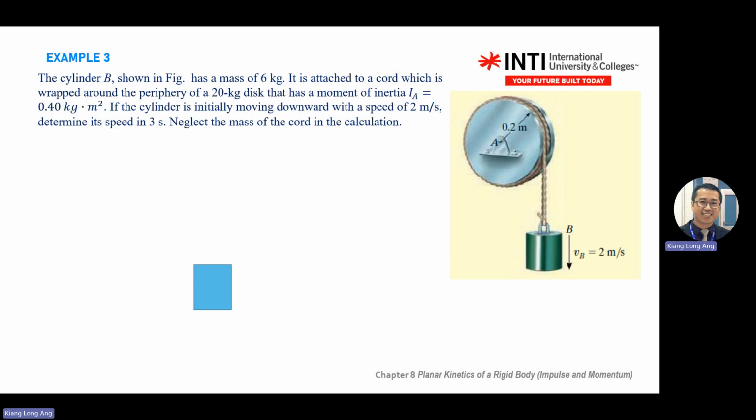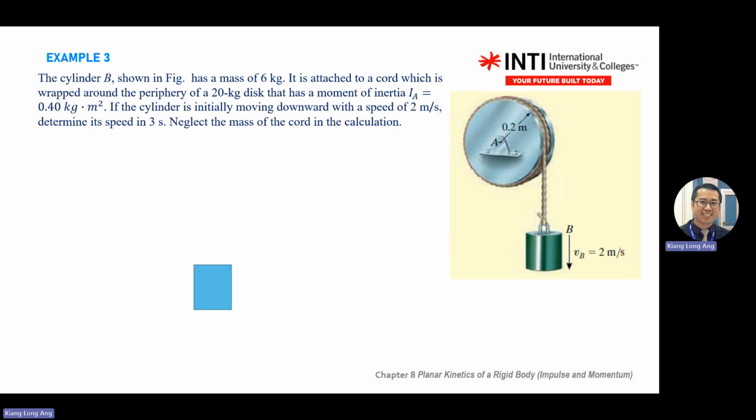This is a tutorial question. In the test, you need to calculate the moment of inertia for A. That's why you see very conveniently the value is given. But when it comes to test 2 or the final exam, you need to calculate the moment of inertia for a certain point.